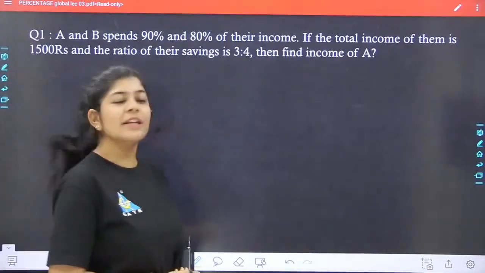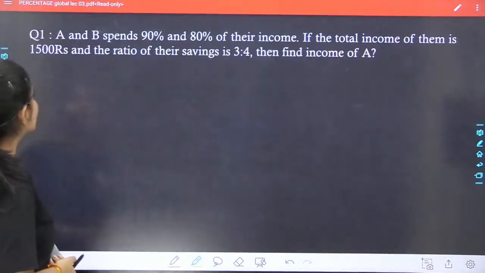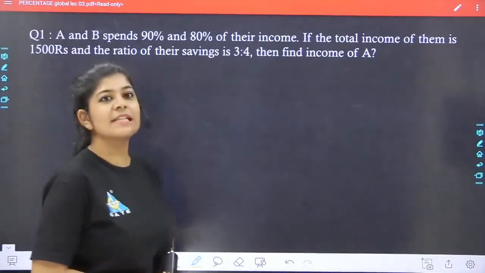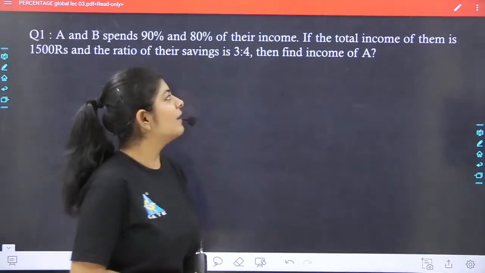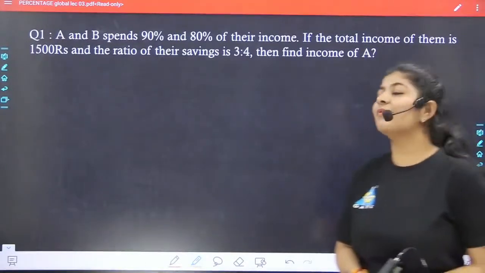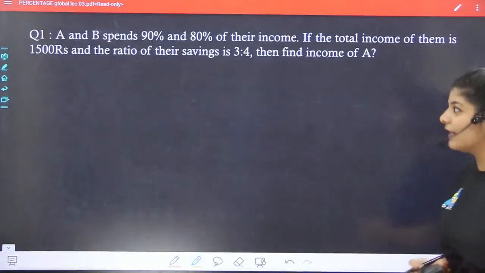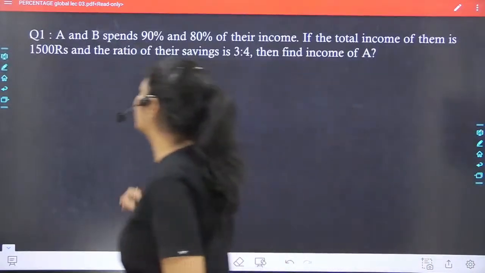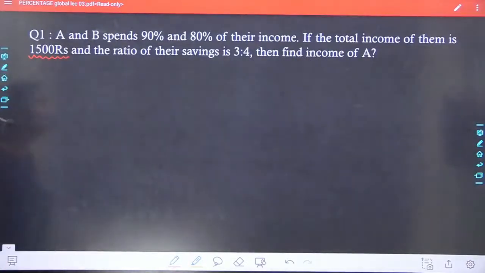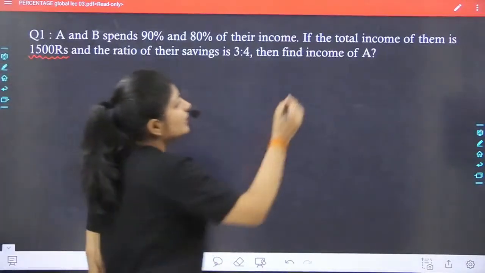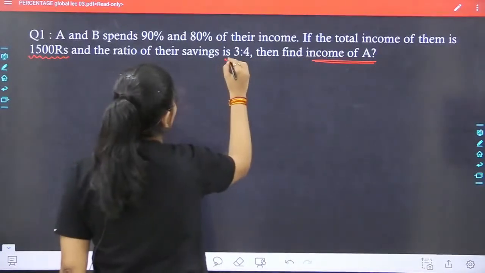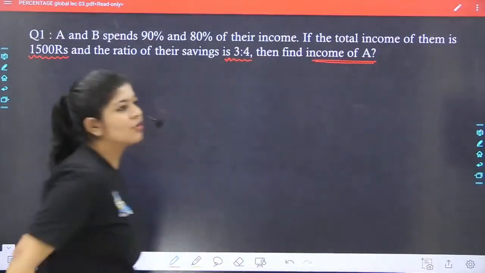If the total income of them is rupees 1500 and the ratio of their savings is 3:4, then find the income of A. We simply have to find out the income of A out of 1500 rupees, if the savings of A and B are in the ratio 3:4.